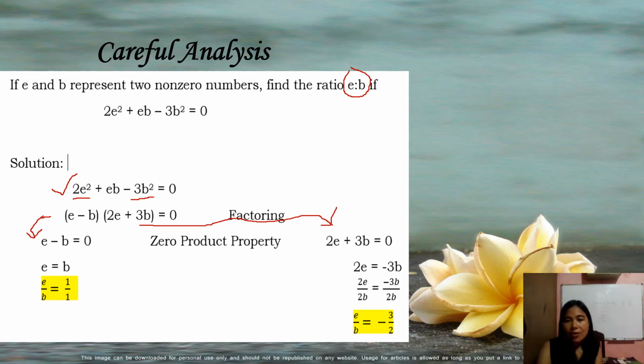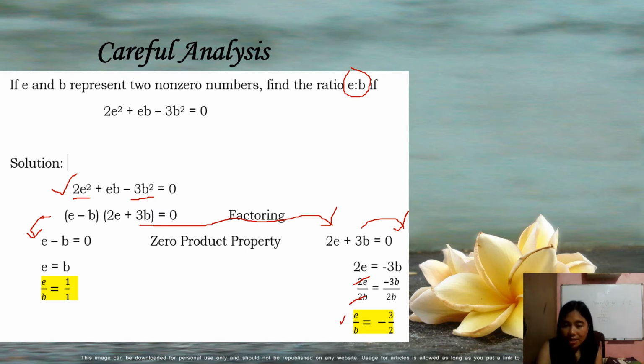Okay, now let's solve for the other values. So 2e plus 3b equals 0. So transposing this to the other side, we will have negative 3b. And then, since we will be looking for e to b, we can divide both by 2b. So that, just like our example earlier, we can eliminate this and this and come up with e over b.